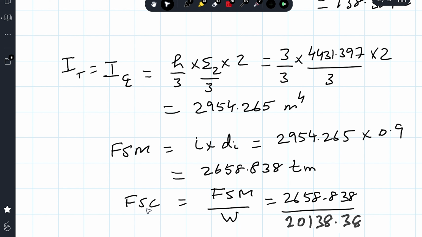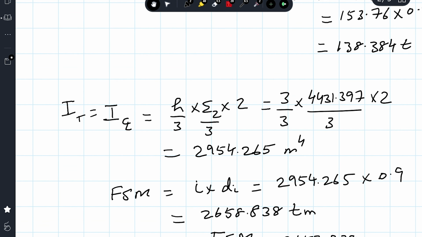Now FSC is FSM upon final displacement. Remember to use the final displacement, not the initial displacement. Initial displacement is 20,000, but we have loaded oil, 138.384 tons of oil has been loaded.